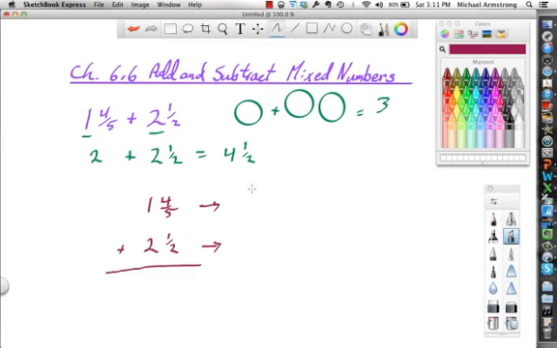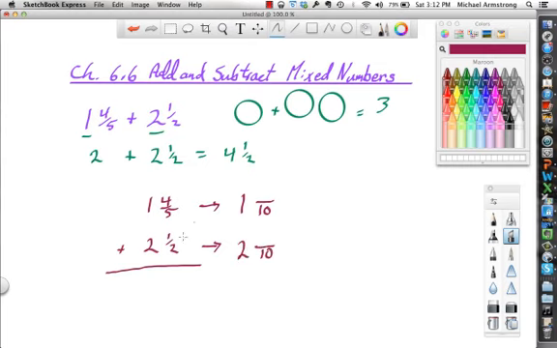We're going to rewrite these as 1 and 4/5 and 2 and 1/2. Each of those fifths and half goes into, what's the common denominator? Yeah, it's 10. And the next one is 2, and the common denominator is 10.